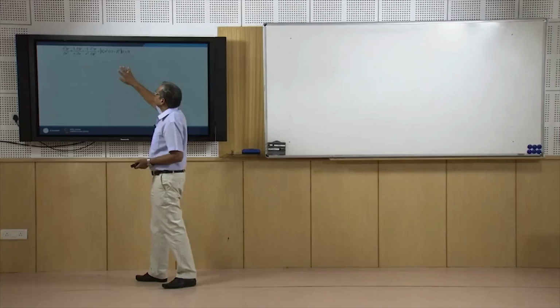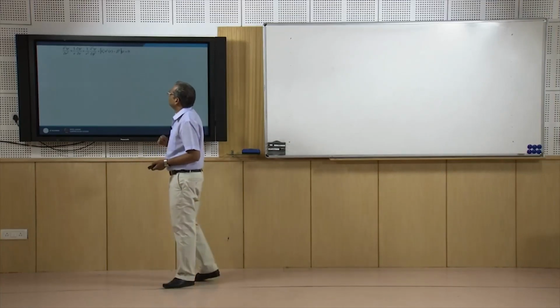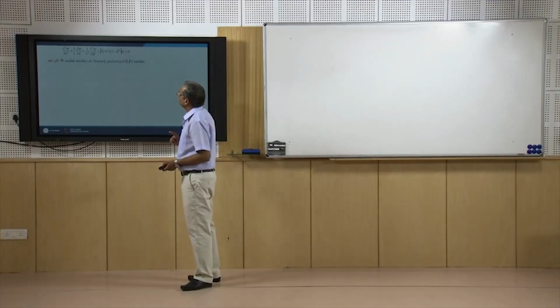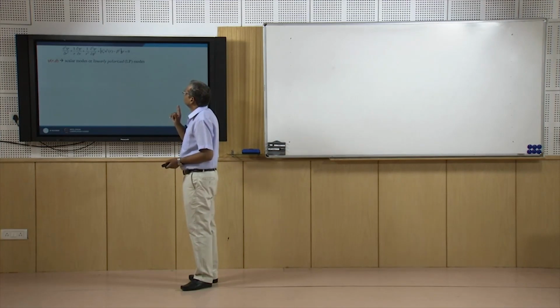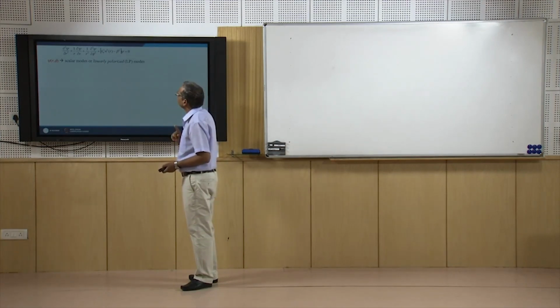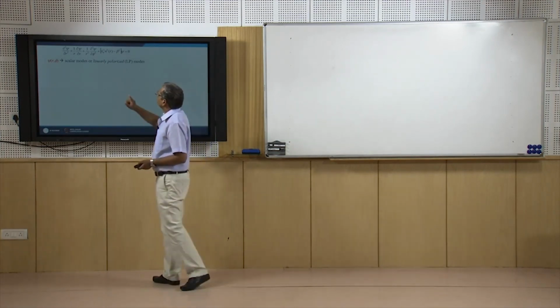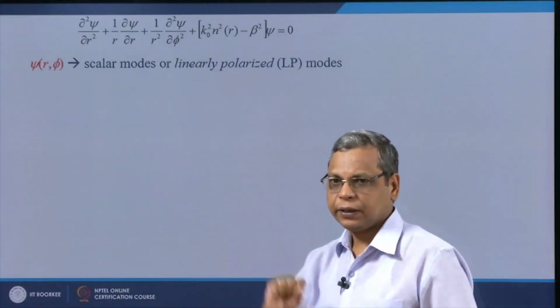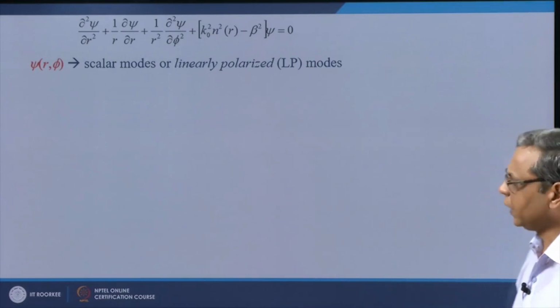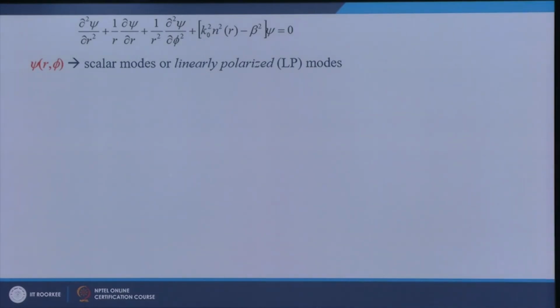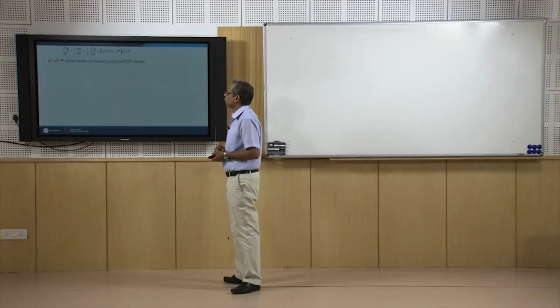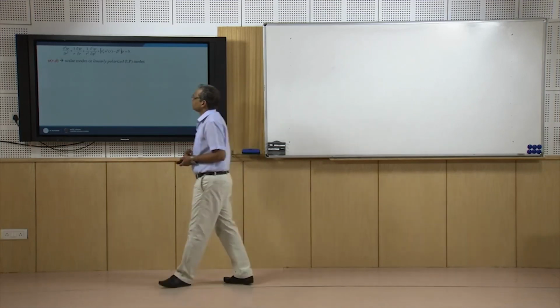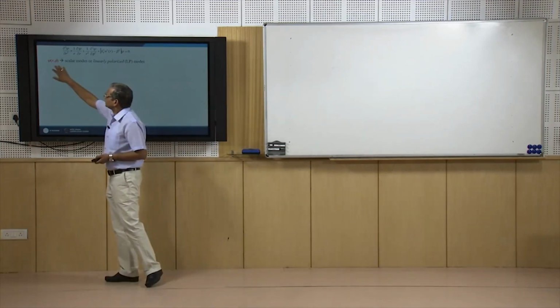So, now this is the equation, and if n square is a function of r only, then this solution psi r phi can be separated out in r and phi. I can separate out the r part and I can separate out the phi part.